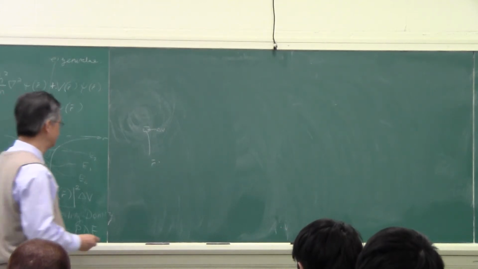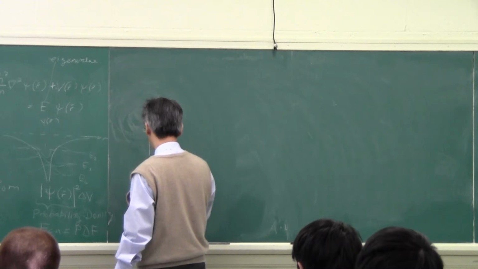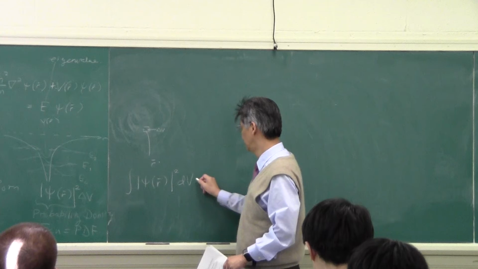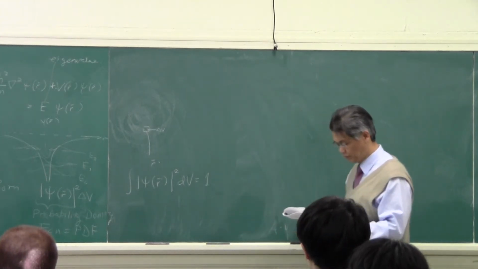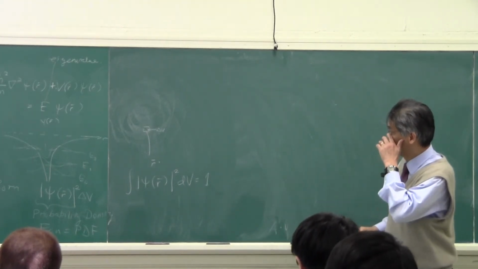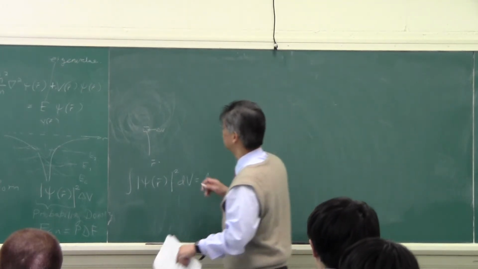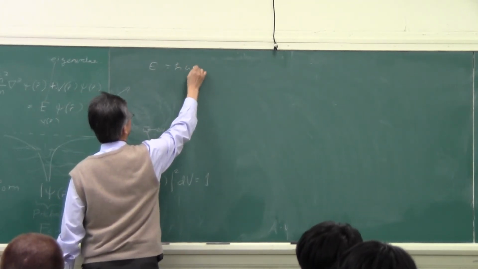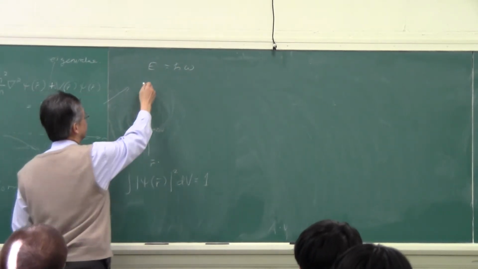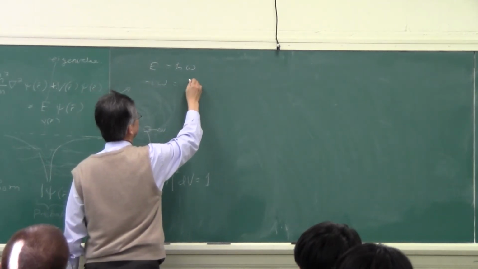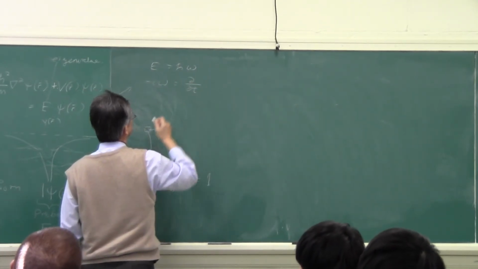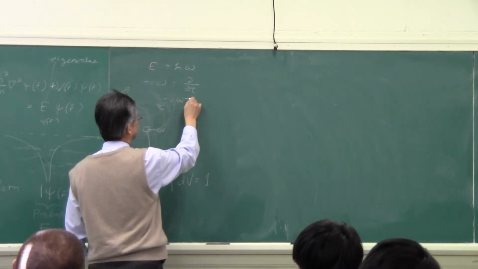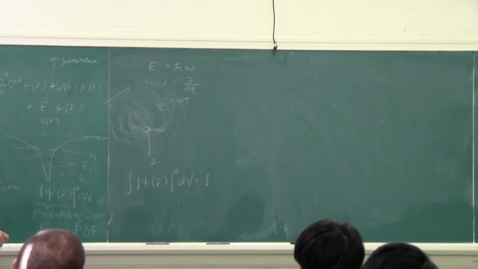Because these are probability density functions, they have the property that if you square it and then integrate over the total volume, it should be equal to 1. And this is even true for the time-dependent Schrodinger equation. We say that E is found to be h bar omega, and minus i omega is equal to partial t, because we assume this kind of time dependence in this course, as most physics courses do.